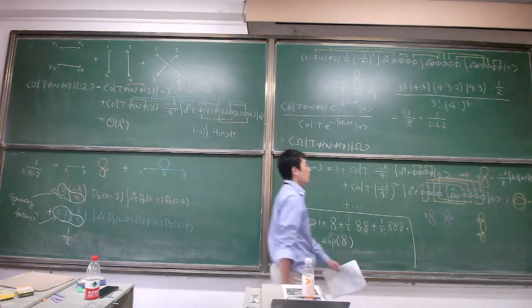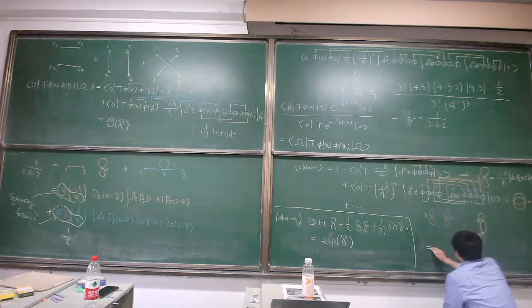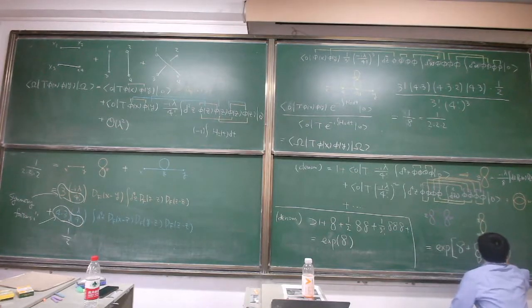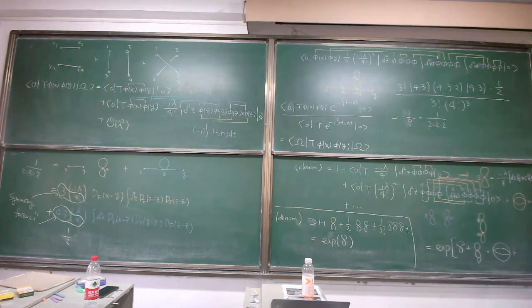The same thing happened for the other diagram. So at the end of the day, what we have is that this is equal to exponential of all possible diagrams, whatever cross diagram, and so on. So that's the denominator contribution in fact.